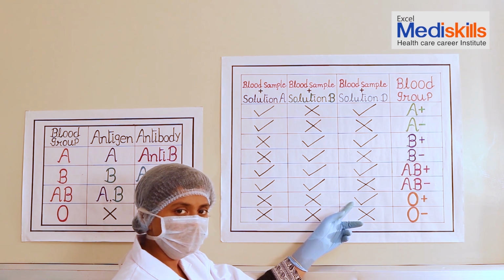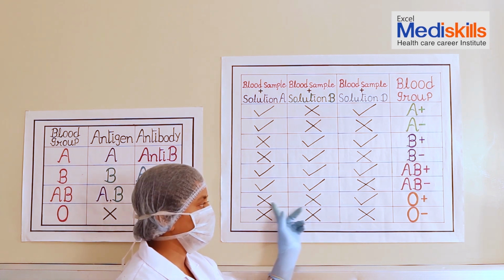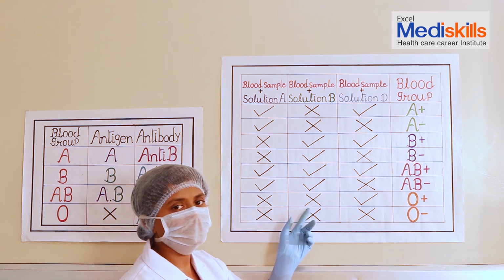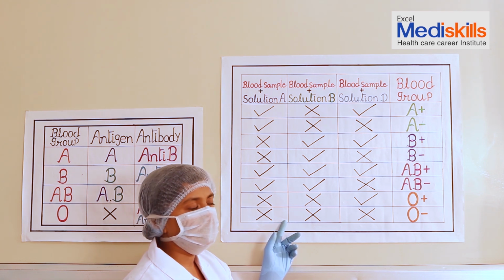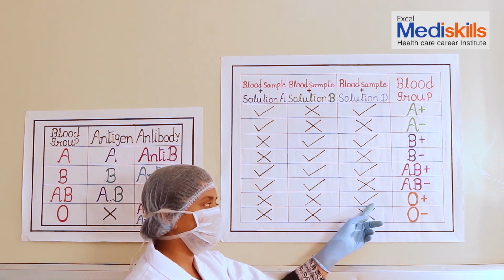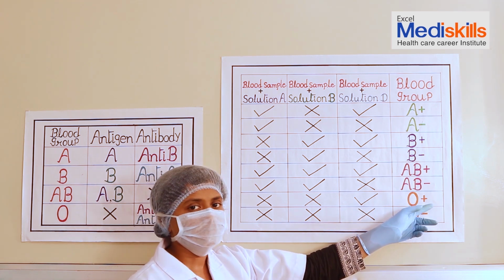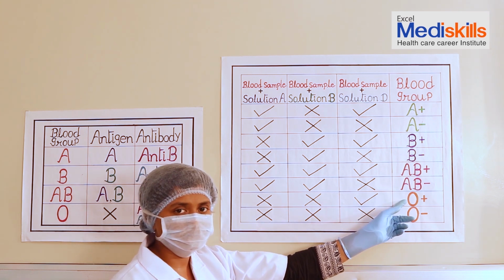That is, Rh factor is present. Through this, we can infer that antigen A or antigen B is not present in this case. So, the patient's blood group is O positive. Since no antigen A or antigen B is present in this case, but Rh factor is present, the blood group of the patient is O positive.